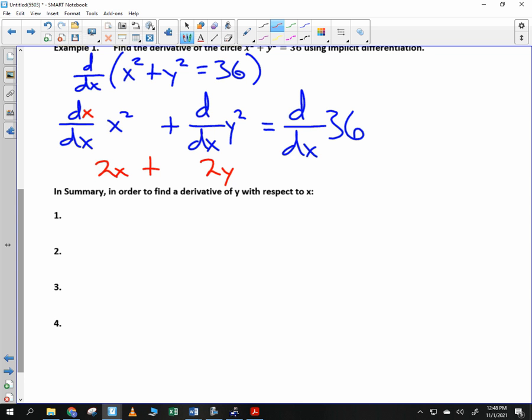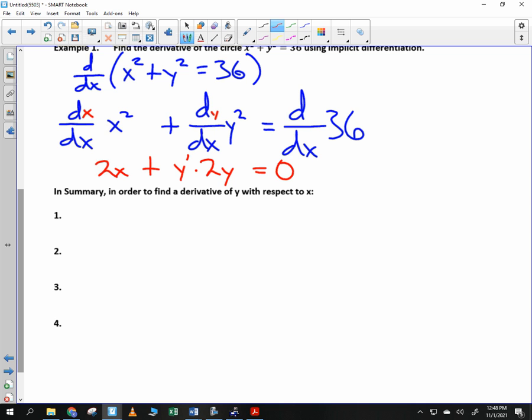Okay, and you said that it reduced by 1, so that y just kind of vanished on over there. So you get dy over dx, and dy over dx is the same thing as y prime. And then we have the derivative of 36. What's the derivative of a constant? 0. And so 0 times d over dx will give you 0.